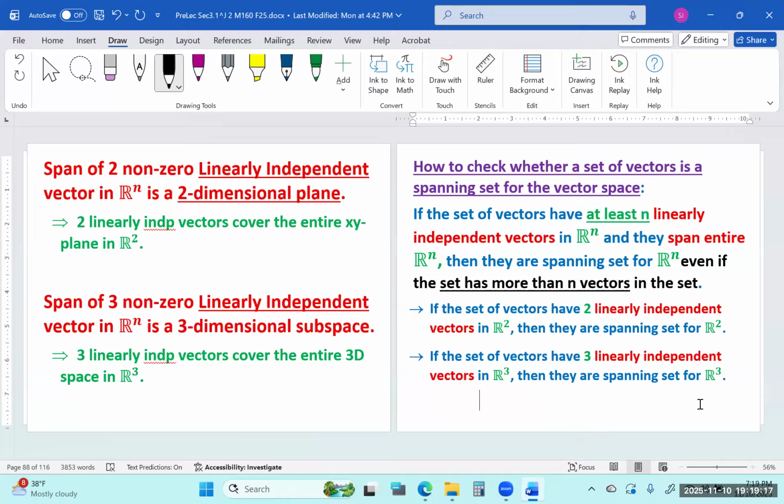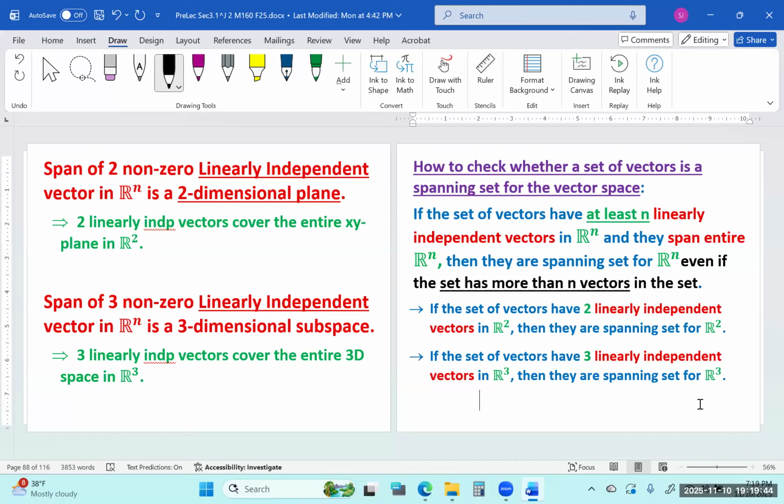So if your set has at least n linearly independent vectors in Rn, and they span the entire Rn, then yes, the set you have is a spanning set. Otherwise, not a spanning set.